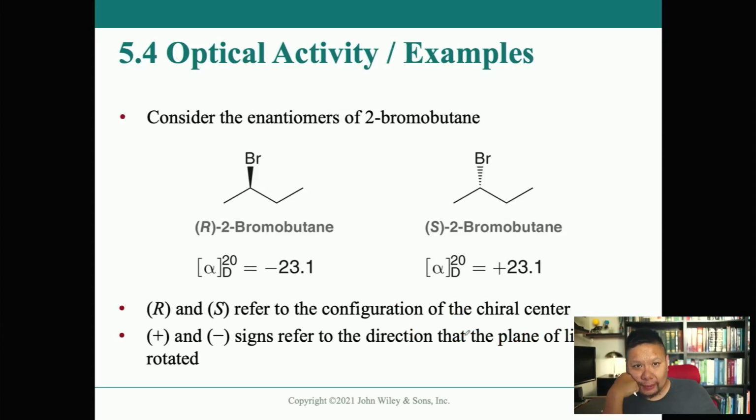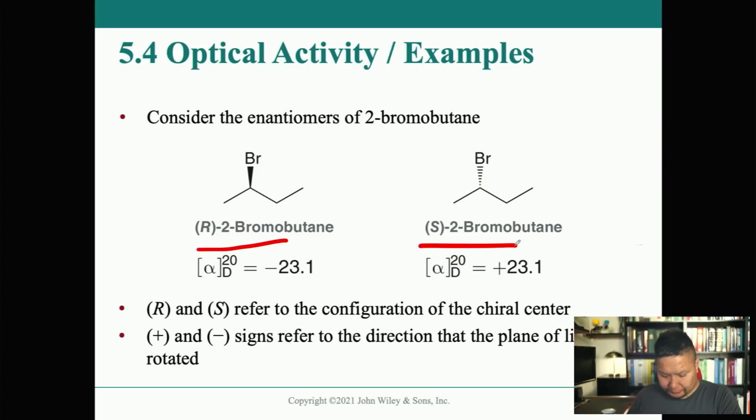So let's consider the enantiomers of 2-bromobutane. We have R-2-bromobutane here and S-2-bromobutane here. Notice that the specific rotation for R-2-bromobutane is negative 23 degrees, and the S version is positive 23 degrees.